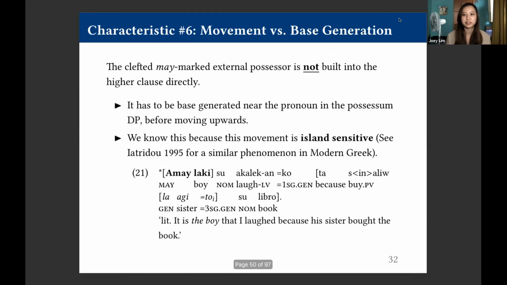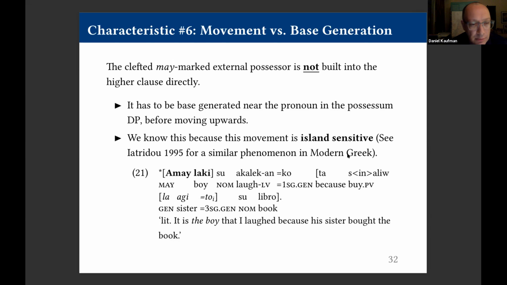I can believe there's an island constraint there, but why shouldn't a sentence like 21 be okay if my laki is coming from the matrix clause? Why shouldn't this be okay on an interpretation that I laughed at the boy because his sister bought the book, not being extracted from the possessor position, but just being extracted from the matrix clause, unless it's impossible to say akalakan ko amay laki.